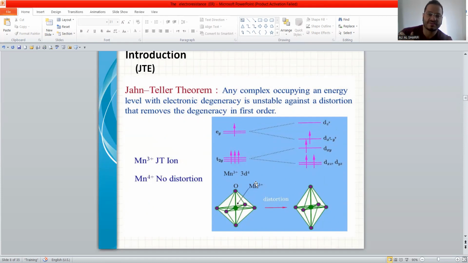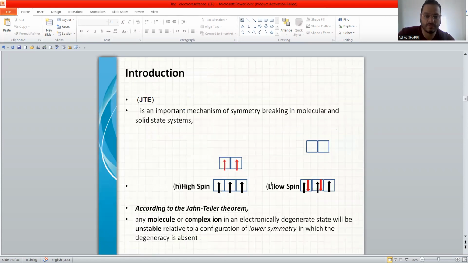Here, the author said to us, Mn4+ with no distortion, but here, like we say, some difference in this image from Mn3+ after distortion, some difference in distance between these lines, the middle one being smaller and this line being longer.